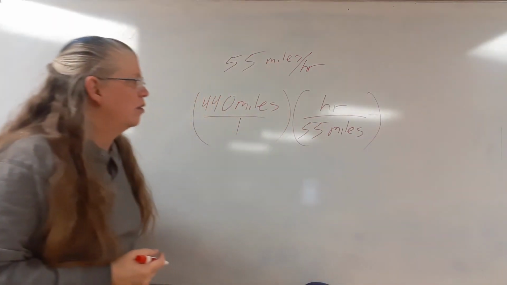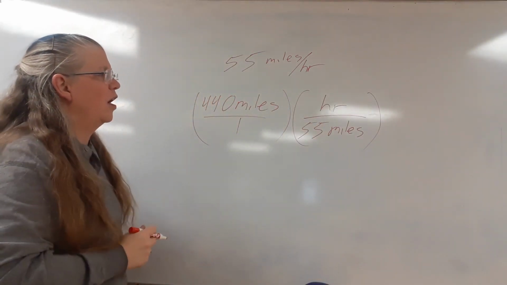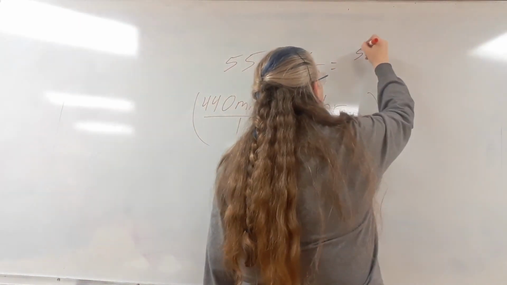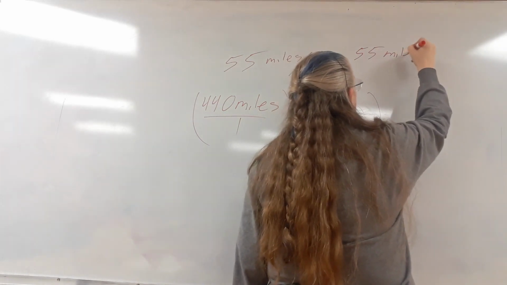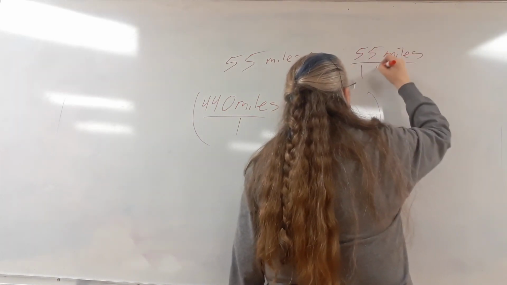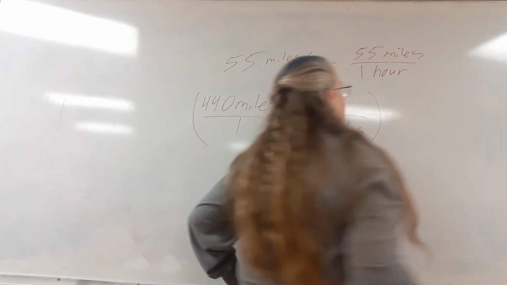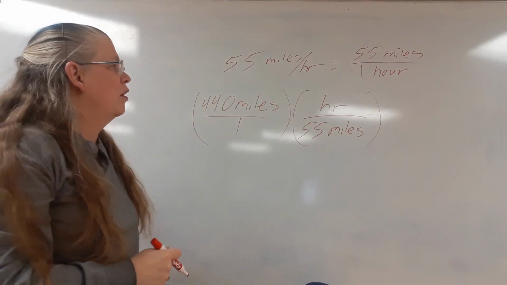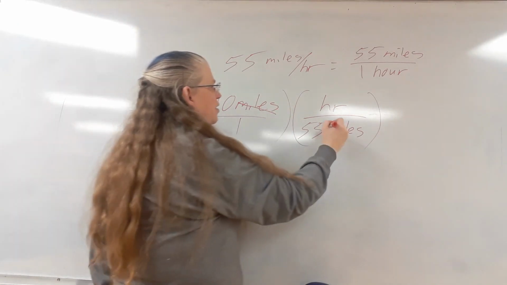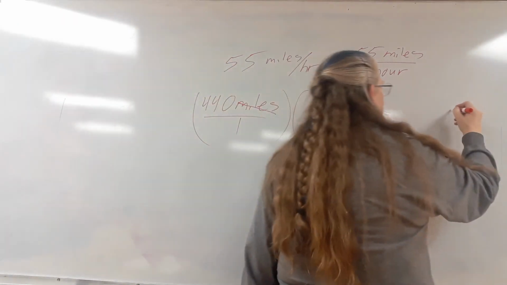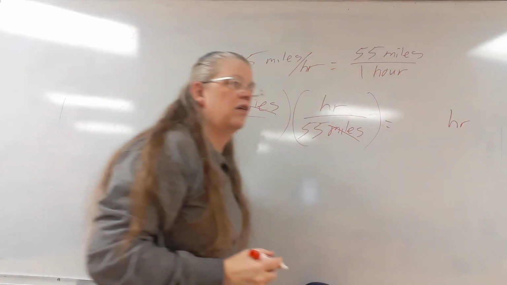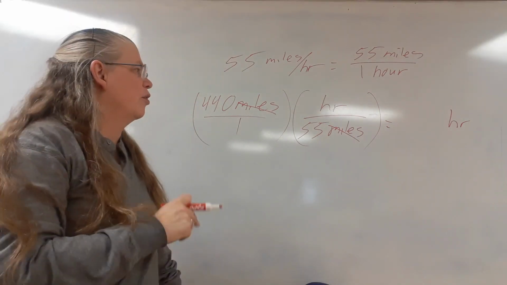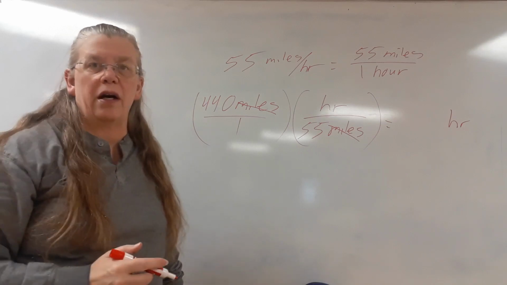Okay? The 55 stays with the miles because this 55 miles an hour is actually 55 miles divided by 1 hour. Okay, now our miles cancel, our units say hours. That's how we know that we're doing it right, that we need to divide rather than multiply.